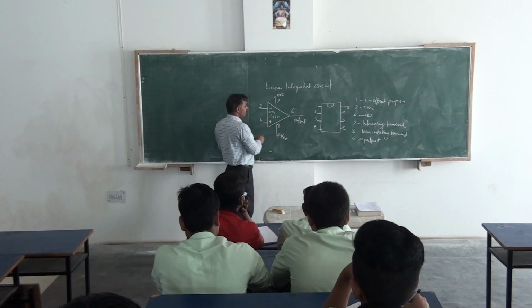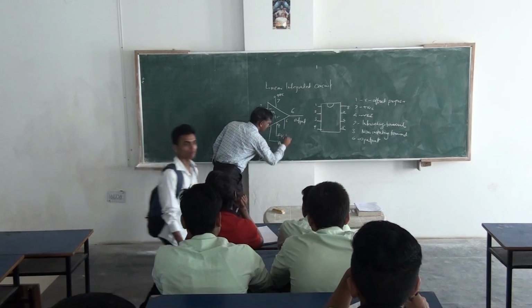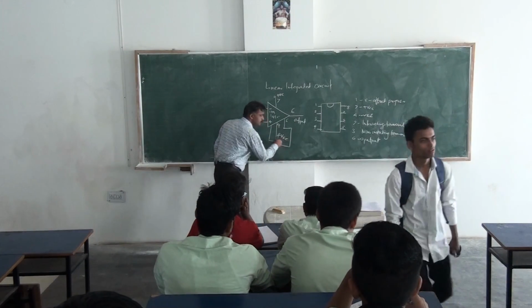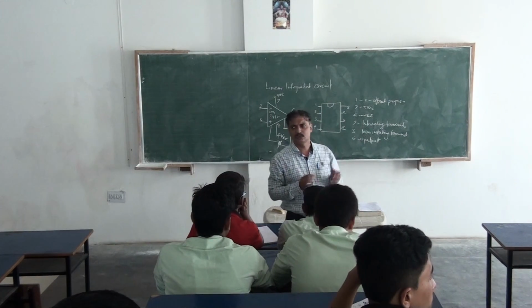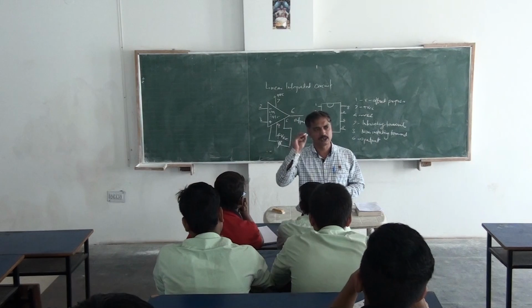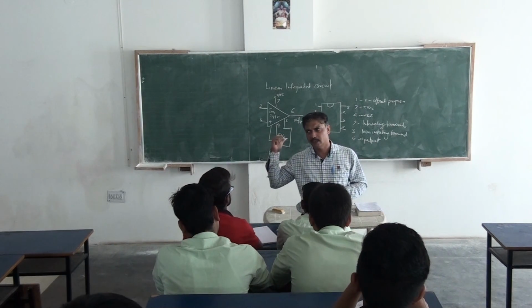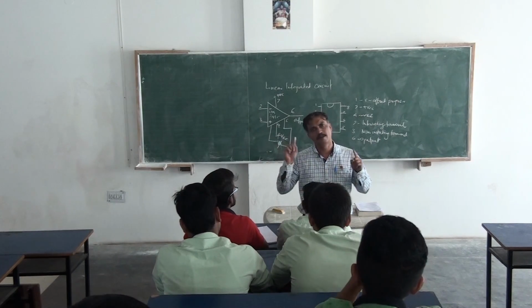Pin number 5 and 1 are used to adjust the offset which is produced within. When there is no input, some voltage is produced at the output, so to offset this output voltage and give 0 voltage at zero input, an offset resistor is used in between pin number 5 and 1.